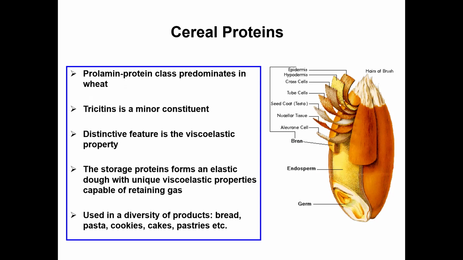It has this unique viscoelastic property that no protein other than these prolamin proteins have. They are storage proteins, so they're mostly in the endosperm. And of course, we use them in many different baked products.